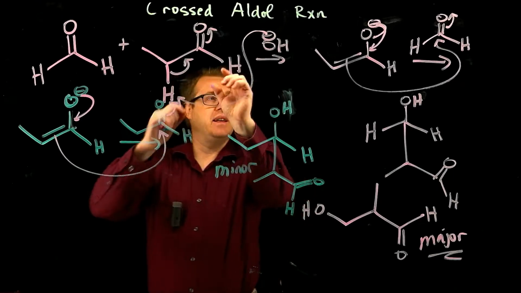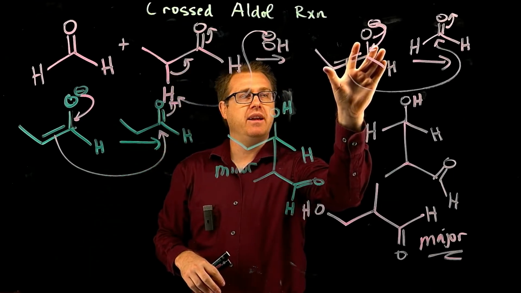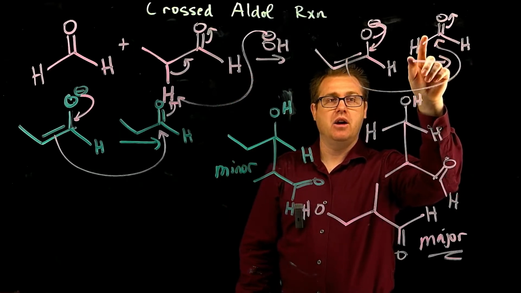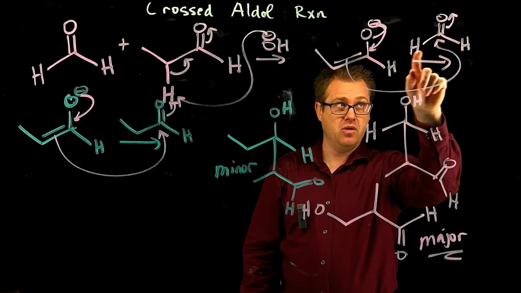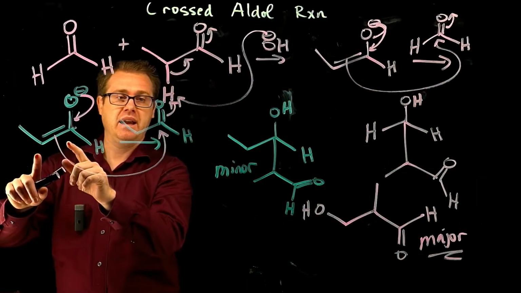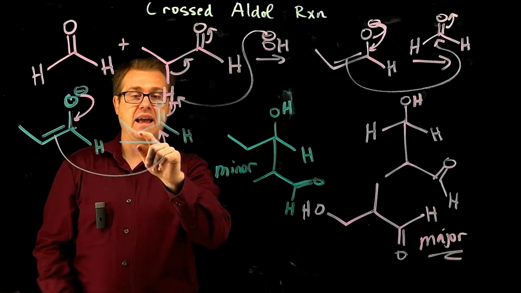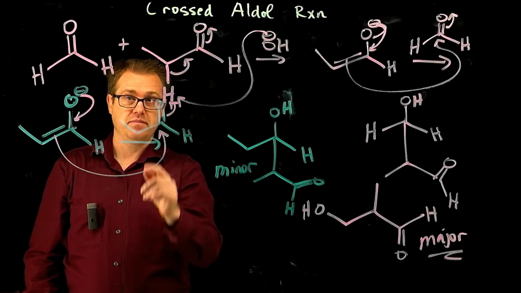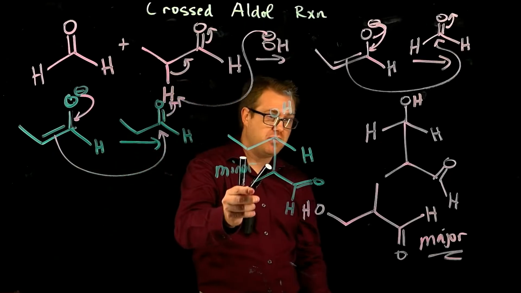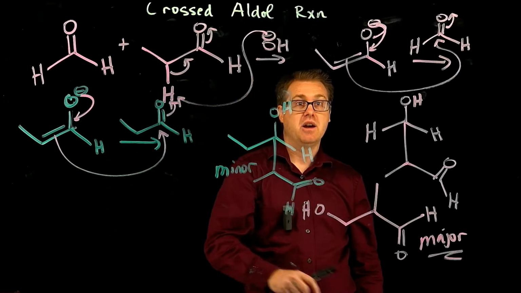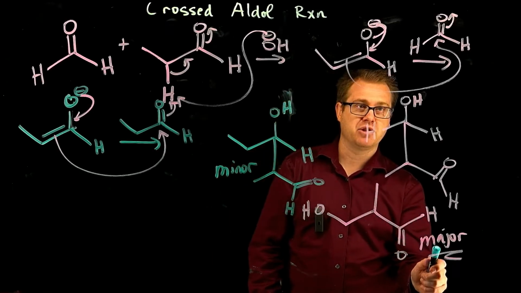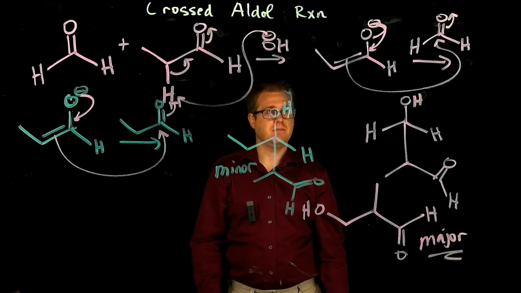You can see that when this enolate is formed right here, it can attack a formaldehyde a whole lot easier because it only has 2 hydrogens in comparison to when you have the enolate attacking this aldehyde that has this ethyl group. So it's just a steric argument. Will you get both products? Yes. But will you have one over the other? Yes. And that would be the major one due to sterics.